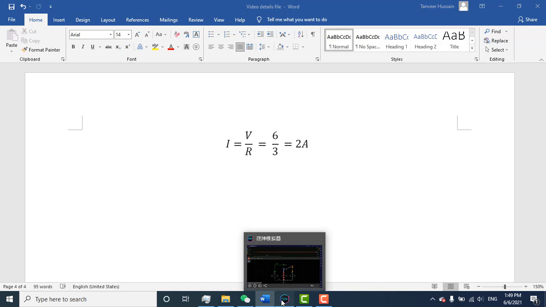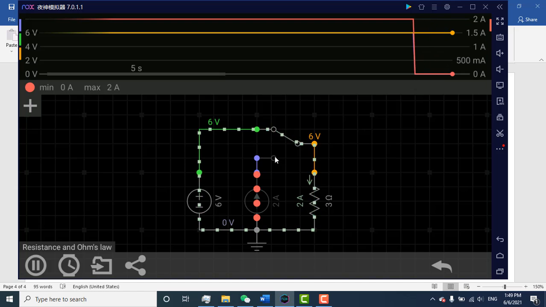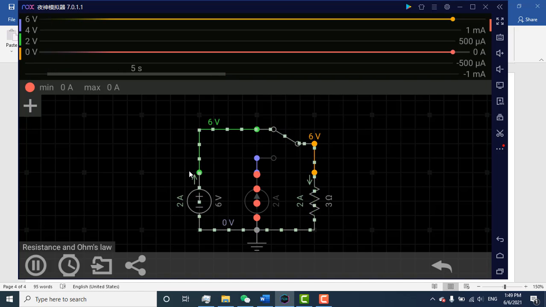So let's go for the simulation and see. I just shift the switch. You can see 6 volt, 3 ohm, and the current flow is 2 amps. So that is the basics of Ohm's law.